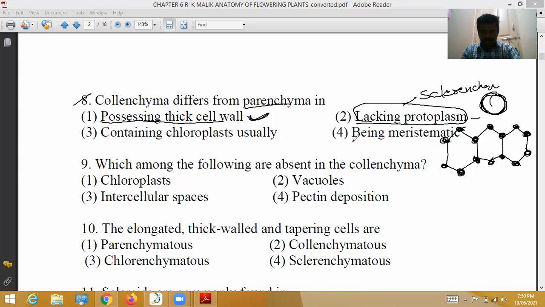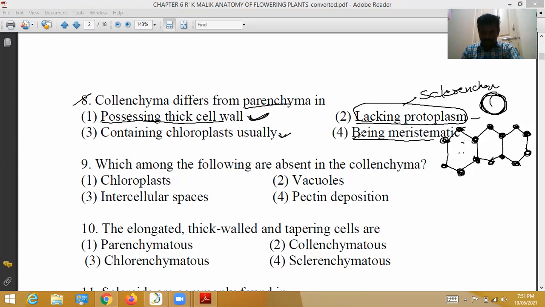Among these four options, the correct option is 1. The second option, lacking protoplasm, is in sclerenchyma, and chloroplasts are usually located in the collenchyma. It is not meristematic.